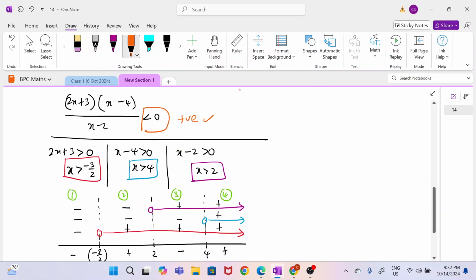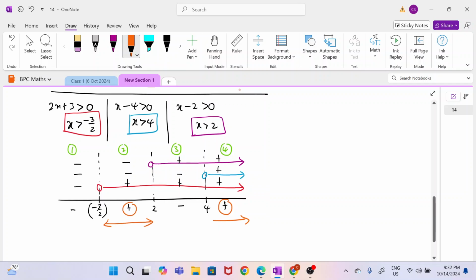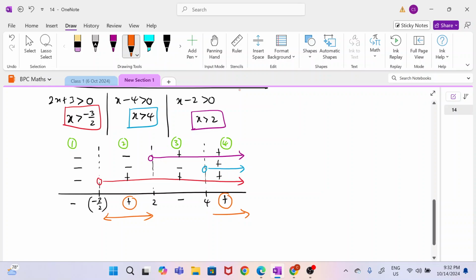Okay, we need positive, so we see positive only from here in between this. So the answer for this question should be negative 3 over 2.